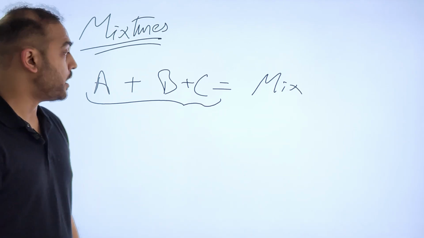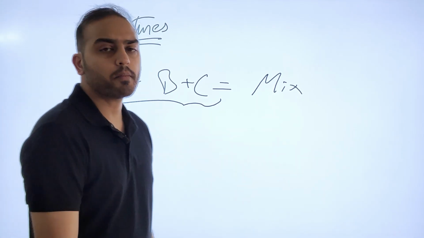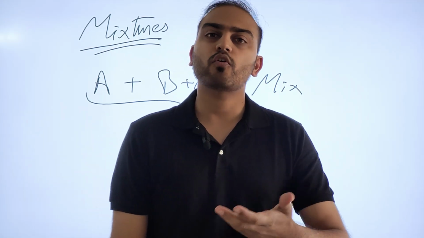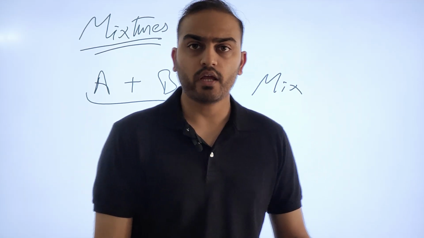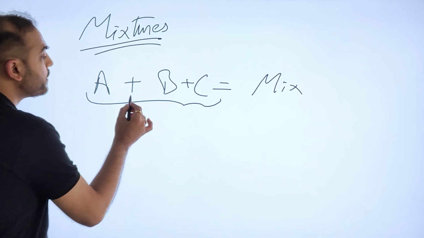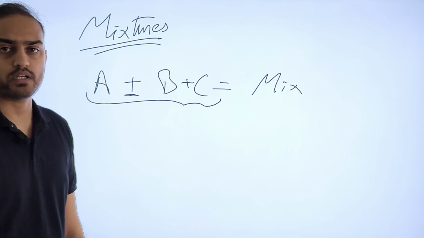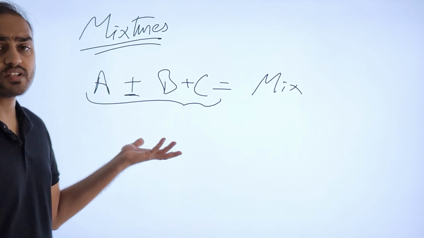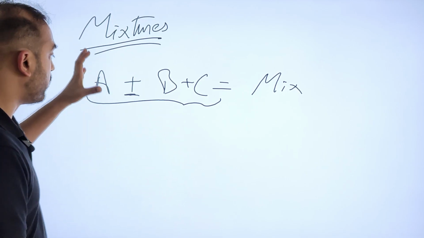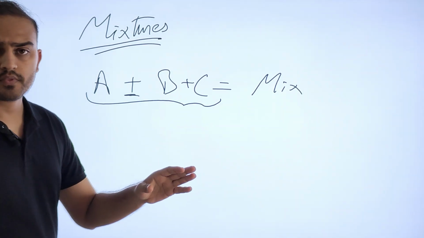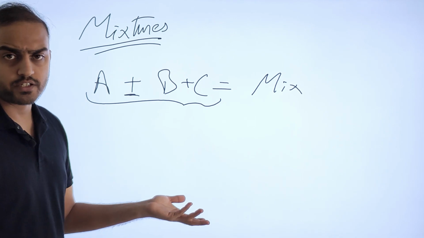Apart from that, if you think about maths in general, addition and subtraction follow the same principle. So it need not be addition only; you can have subtraction as well. That is, I already have something and I take something out of it, and then I add something else into it.